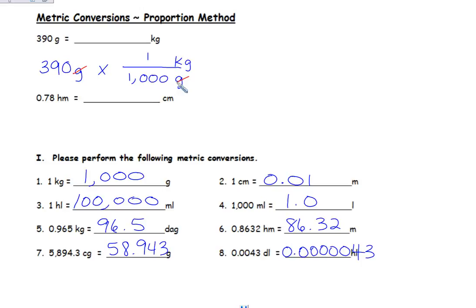You basically just multiply across and divide on the bottom. So you take your 390 times 1 divided by 1,000. If I do that, I would get 0.390.